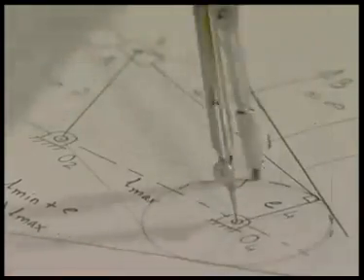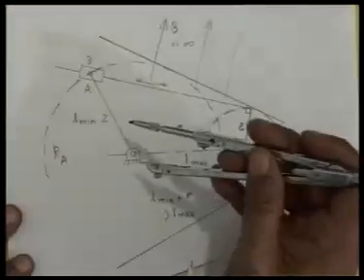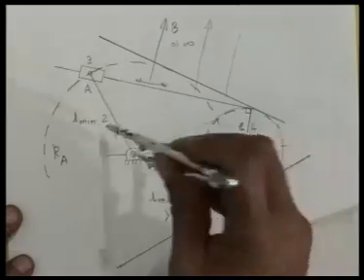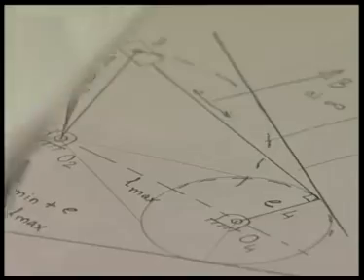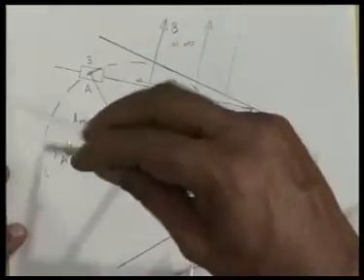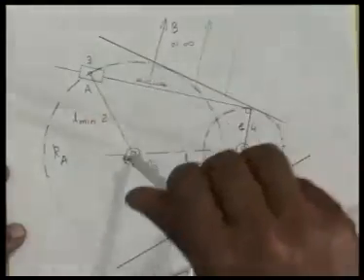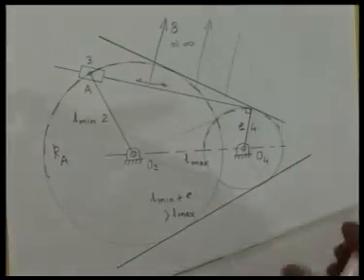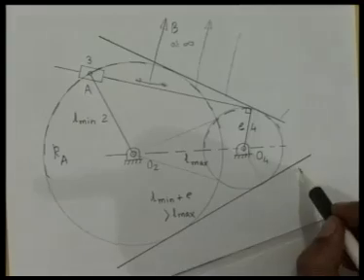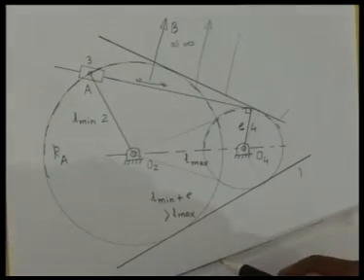This is one circle centered at O4, and this is the other circle centered at O2, with O2A as a radius. So, these two lines represent the common tangent to these two circles.